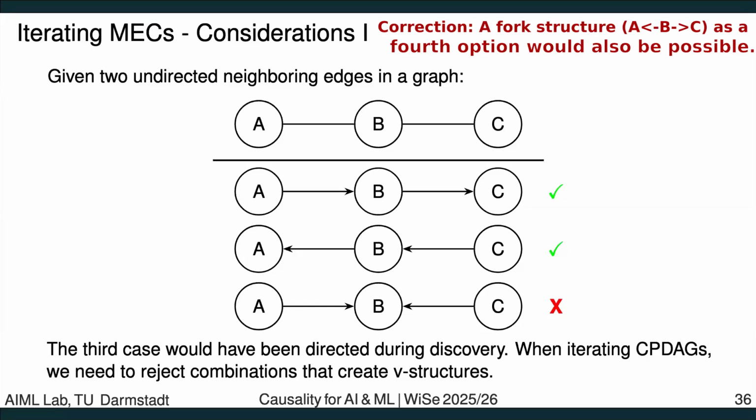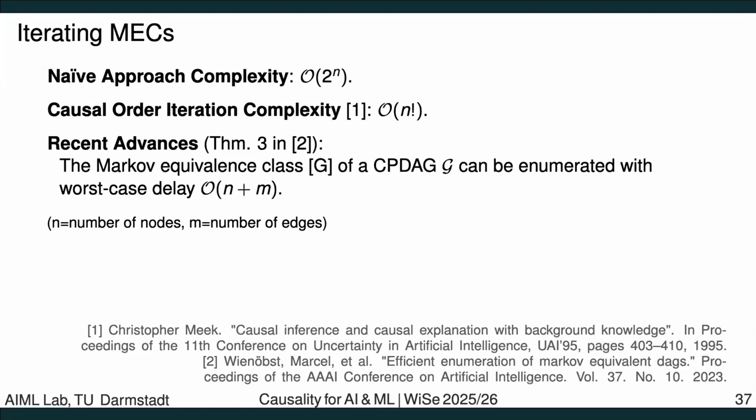But here it could be that only a combination of directions would form a cycle, so we can't conclude which of these cases we would choose. Still, if we would direct A to B to C, we again would form a cycle, so we need to reject all the graphs that would have a cycle in them.